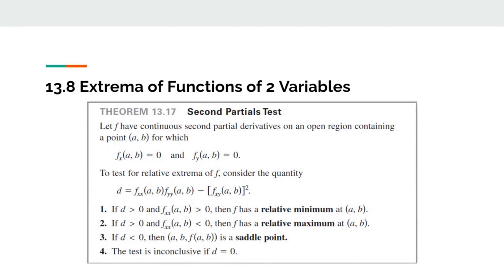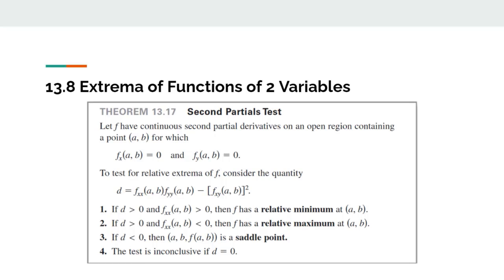The second partials test, for functions of two variables, we have this discriminant. I call it discriminant D. It's fxx times fyy minus fxy squared. And we have this list of conditions that we have to know. If D is 0 in this class, you've done something wrong.